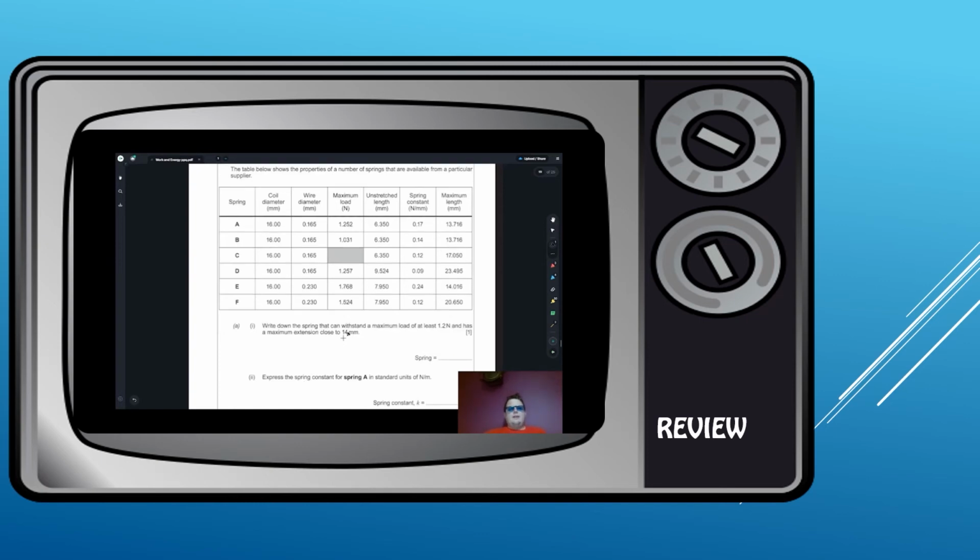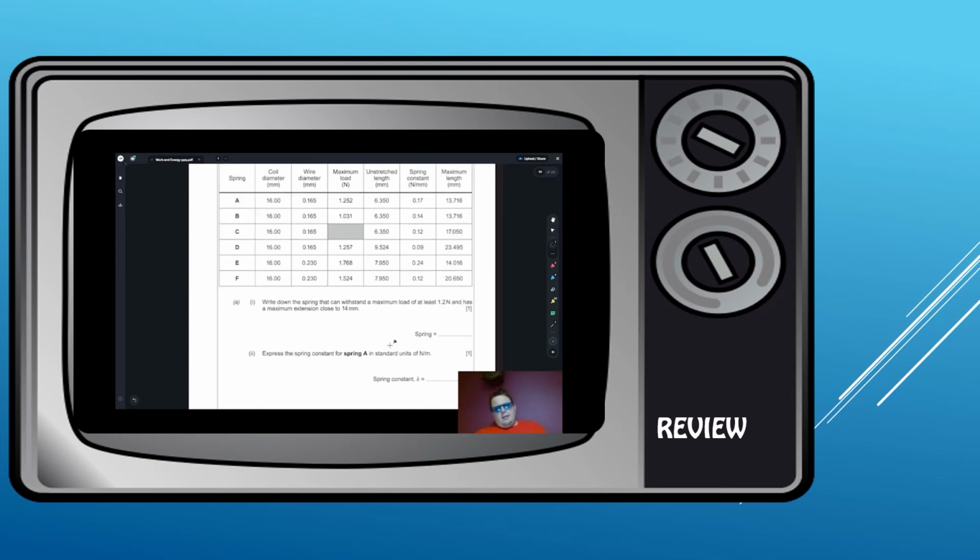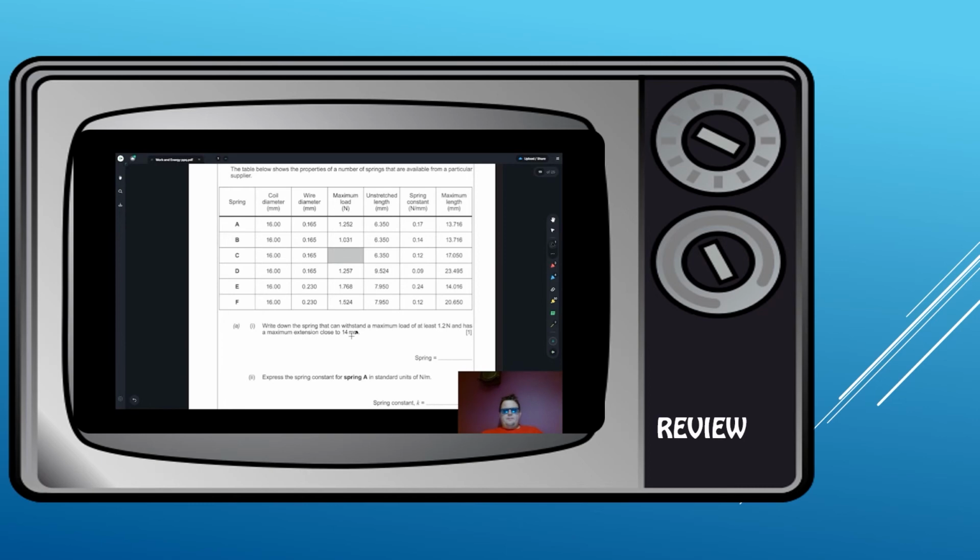Okay, I know why. Write down the spring that can withstand a maximum load of 1.2 newtons and has a maximum extension close to 14 millimeters. Okay, so we can forget about B because it's got to be at least 1.2, and we want a maximum difference of 14 between these numbers.